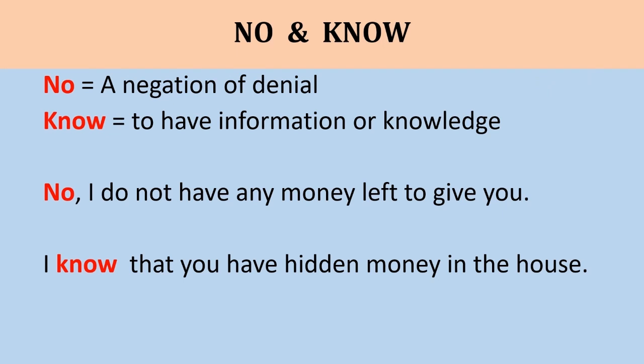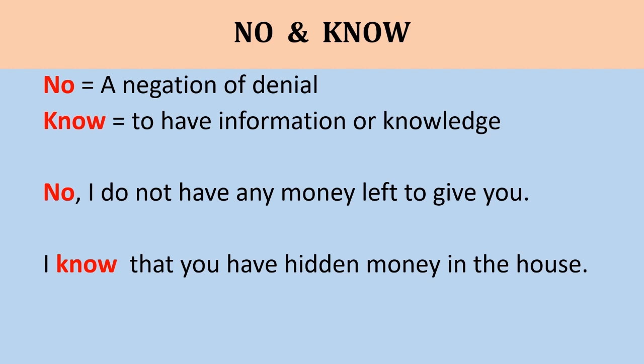Here is the first set of homophones, N-O, no, and K-N-O-W, also no. Pronunciation is exactly the same, no, but spelling is different, meaning is different. N-O, no, is a negation or denial, to say no. K-N-O-W is to have information or knowledge.